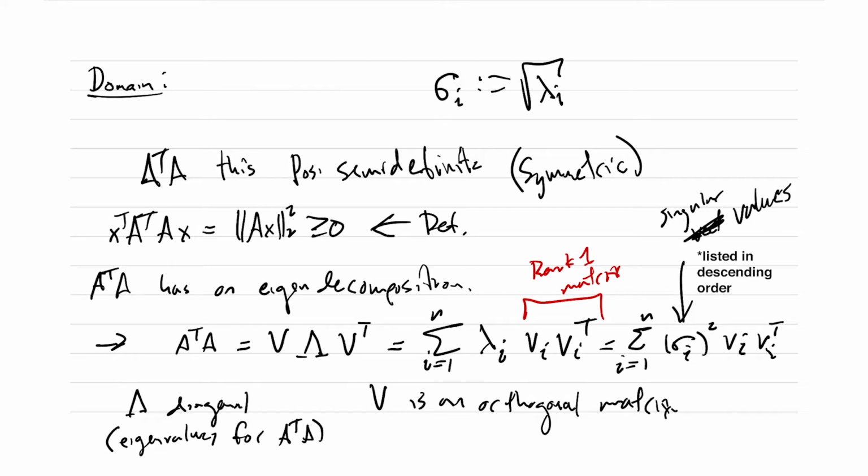Okay, so now we are guaranteed that A transpose A is diagonalizable because it is a positive semi-definite matrix, so that means that these v_i span the space, and so we have our domain decomposition. It is this basis v1 up to vn, and these are all vectors in R^n.